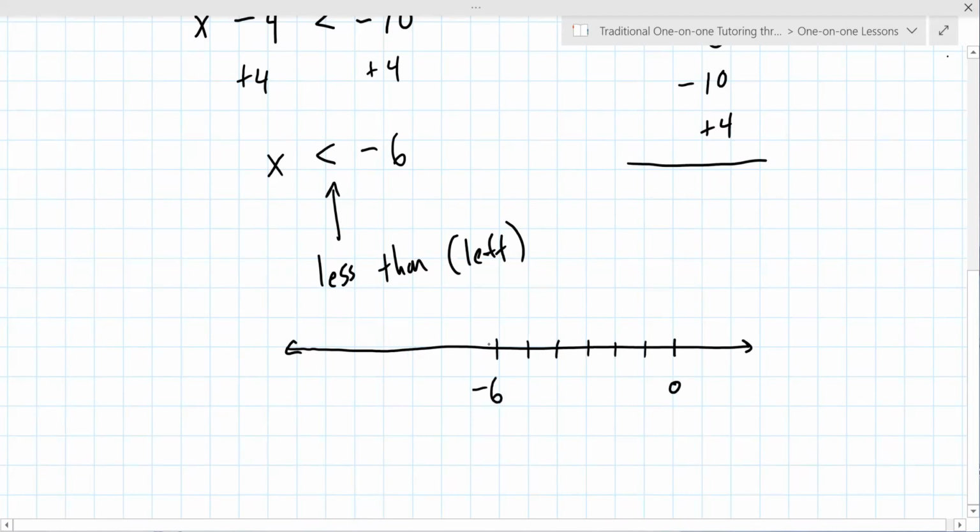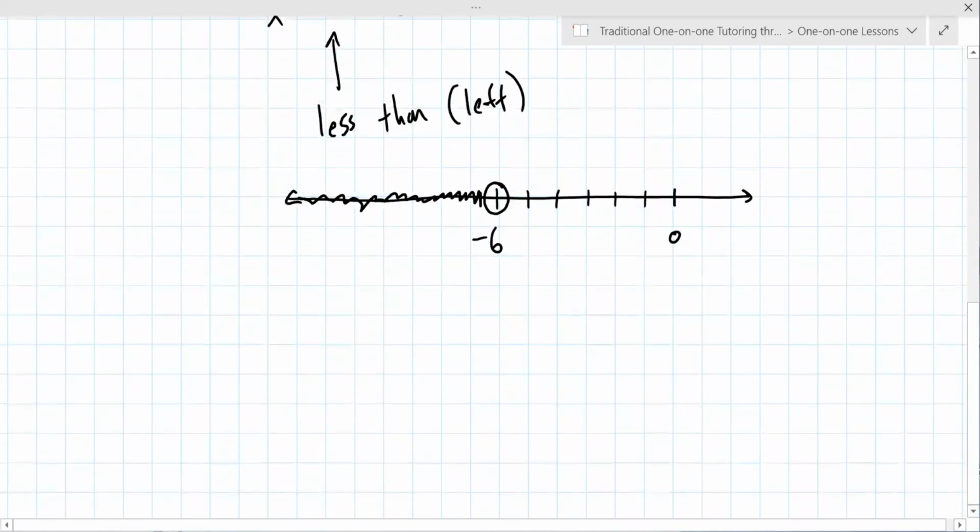Because it's a less than, we put an open circle right there and we shade left. So less than means left, greater than means right. Now it could be less than or equal to, greater than or equal to also. These are the same.